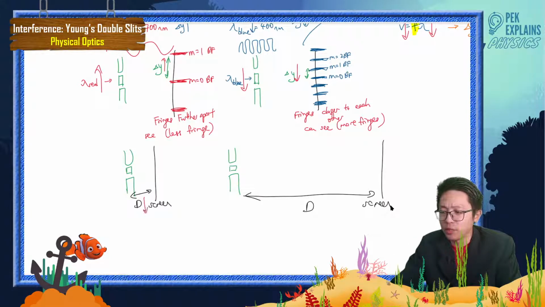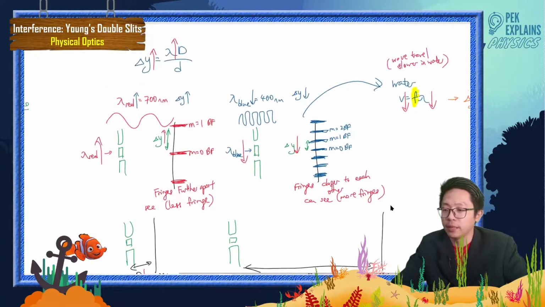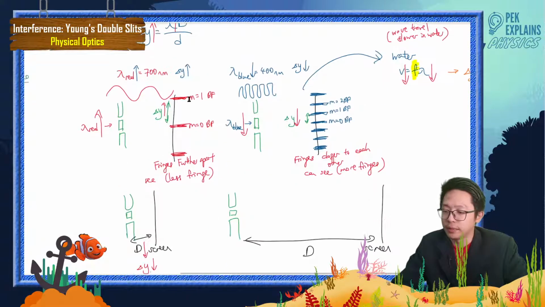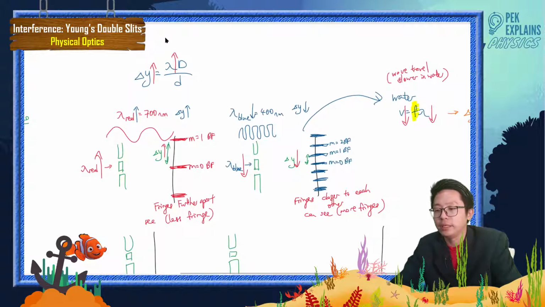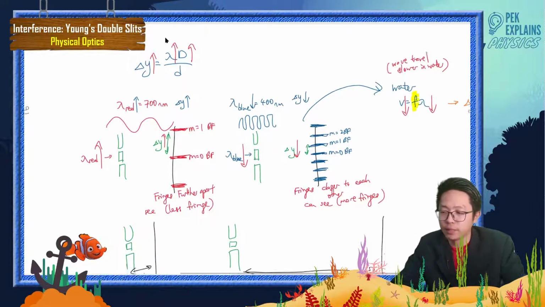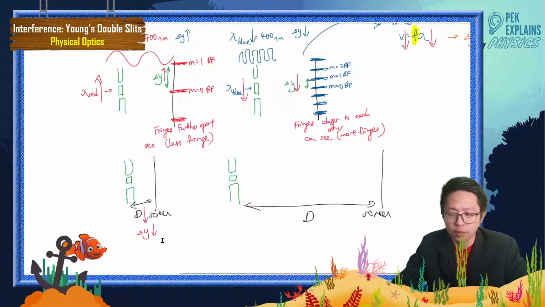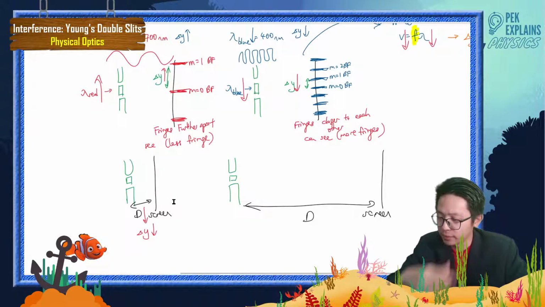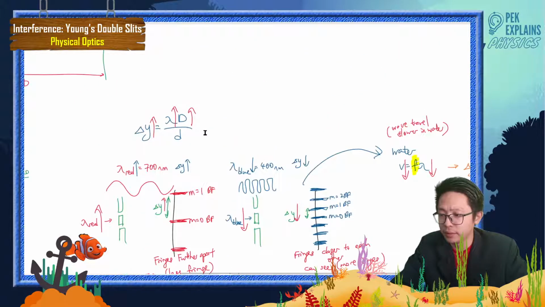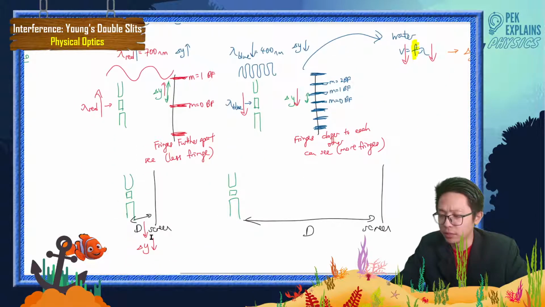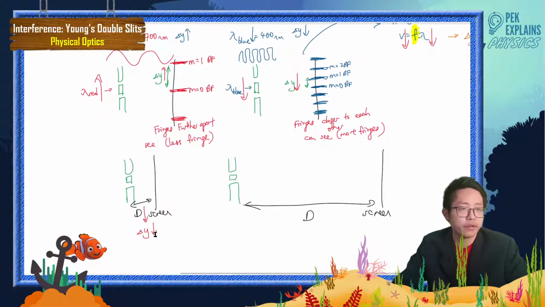If the D is small, the delta y is also small. See that? If the D is big, the delta y is also big. If D is small, delta y is small, which means the fringes are very close to each other.